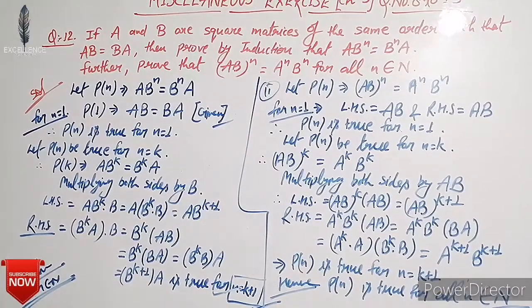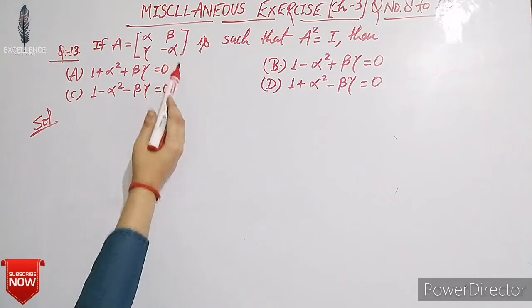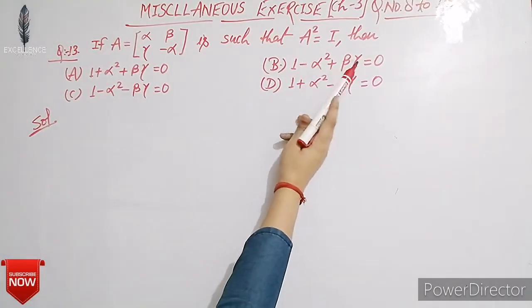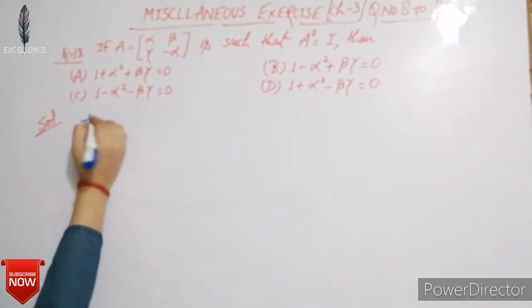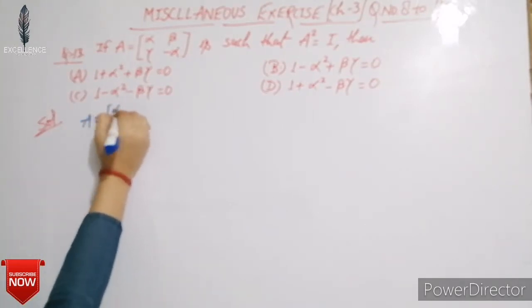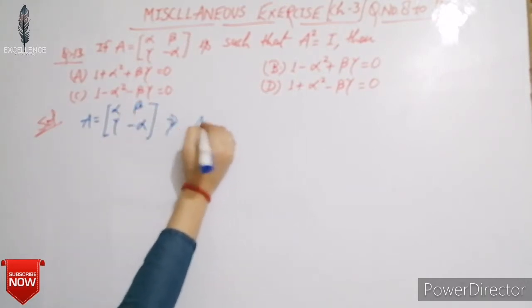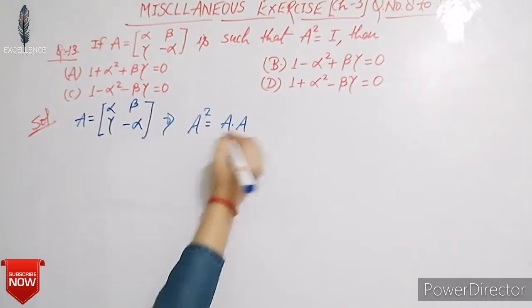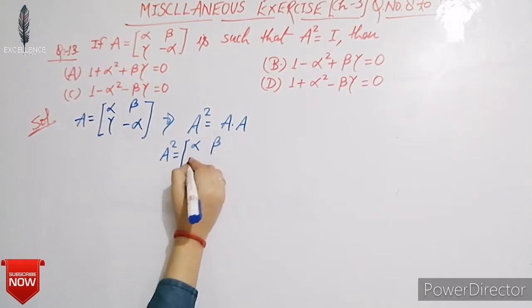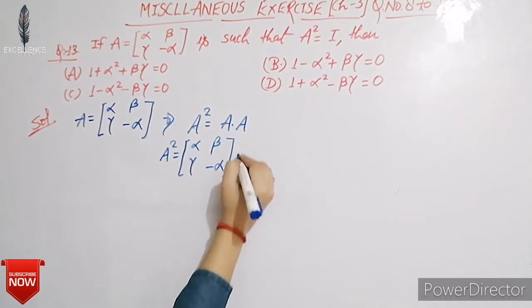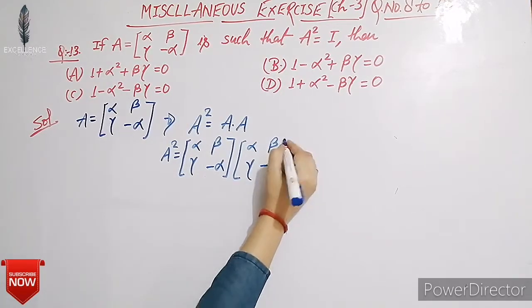Clear? Now let's see the next question, question number 13. Here a matrix is given in such a way that A square equals I, then which option is true? So here A equals alpha, beta, gamma, minus alpha. So A square is equal to A into A. Put the values of A, that is alpha, beta, gamma, minus alpha into alpha, beta, gamma, minus alpha.